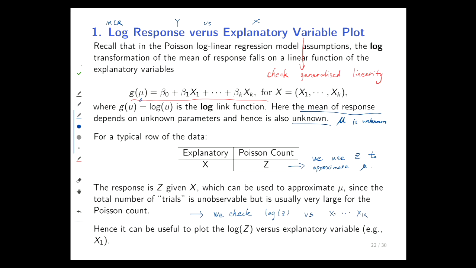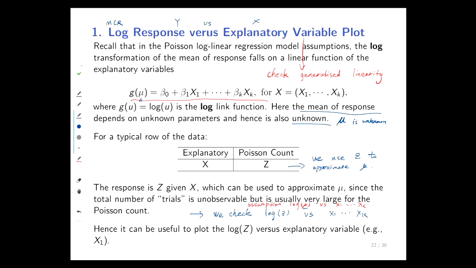Basically, originally our assumption is the relationship of log mu versus x1 to xk, and here we replace mu with z, and in this case we just look at log z versus x1 to xk.